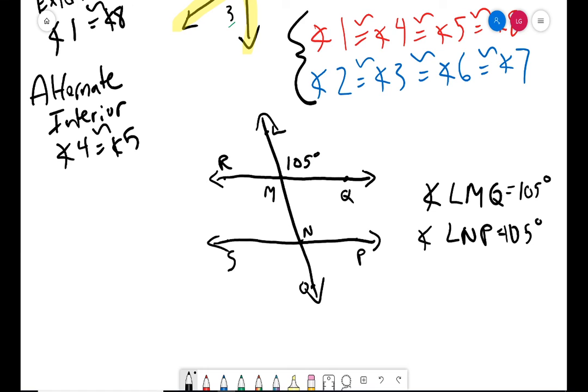It means angle RMO, sorry, oops, that fooled me. This is an O down here. RMO is also 105. It also means SNO is 105.